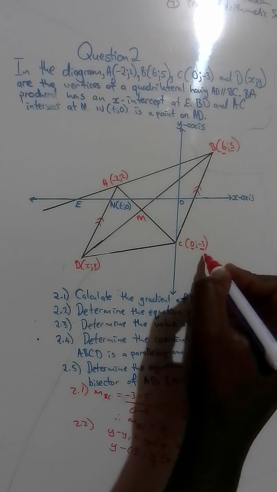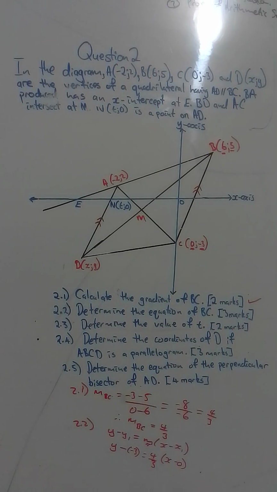Where you fetch the y, that's where you fetch your x. All right. Now, negative times negative gives me a positive. So I've got y plus 3 is equal to 4 over 3 multiplied by x minus 0, which is x, which gives me 4 over 3 x, right?